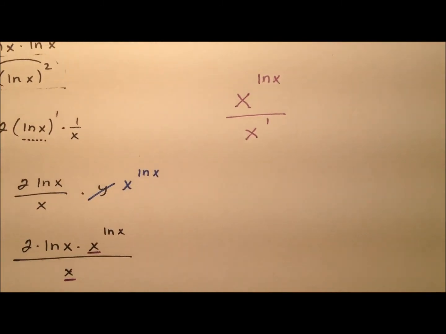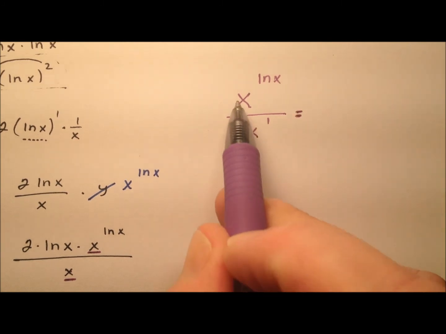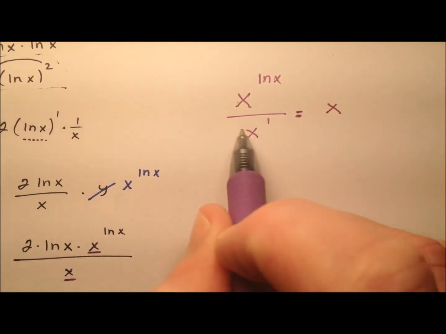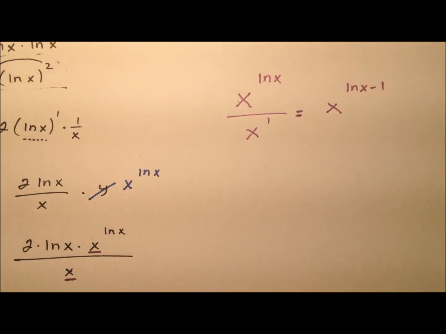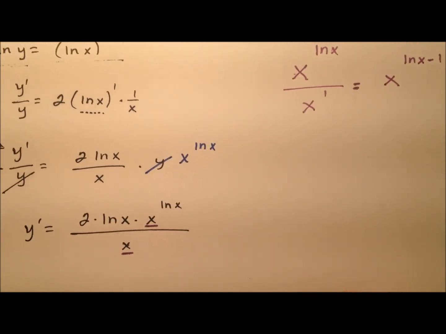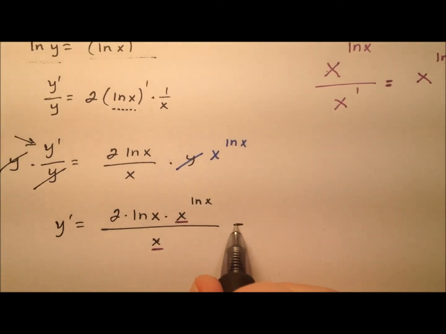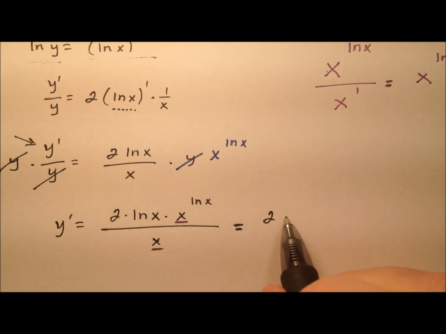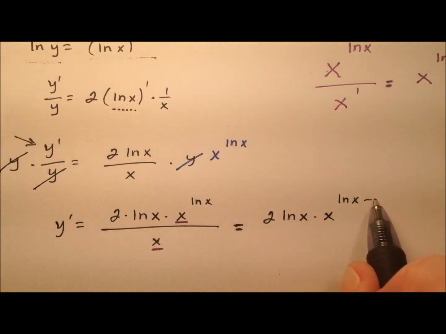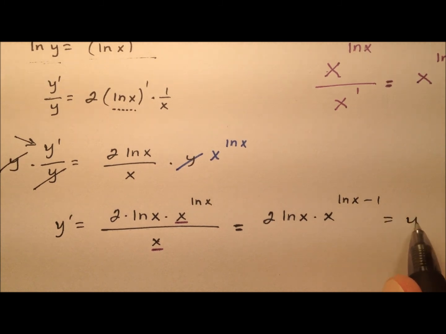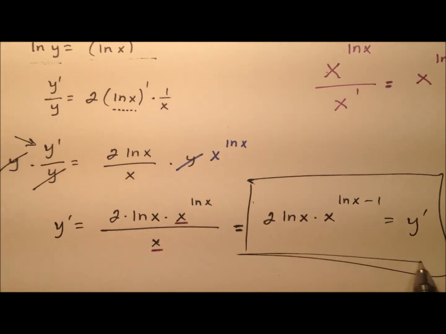When I'm dividing like bases, remember I'm subtracting exponents, so I could rewrite this as x to the power of the natural log of x minus 1, and that would be okay. So let's do that for this expression down here on the right side. We could rewrite this as twice the natural log of x times x to the power of the ln of x minus 1, and that will be our y prime.